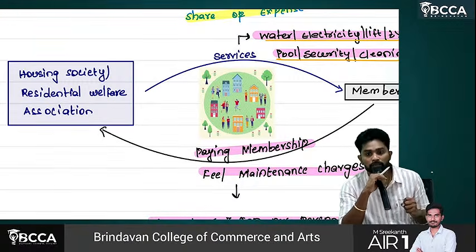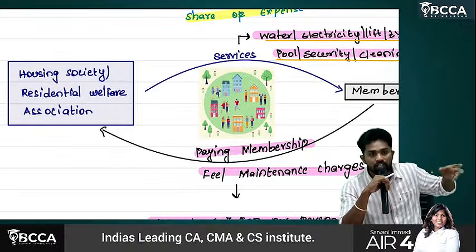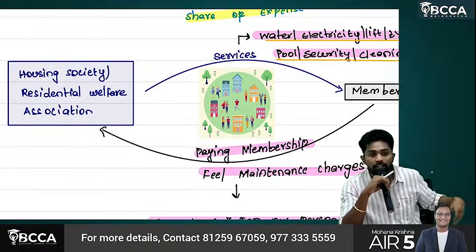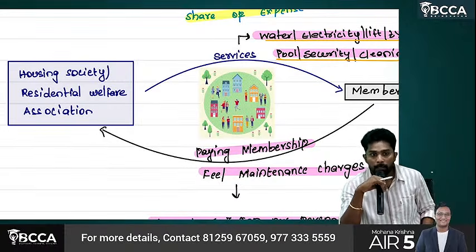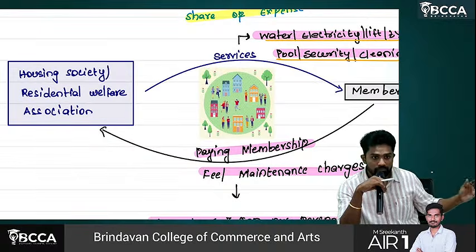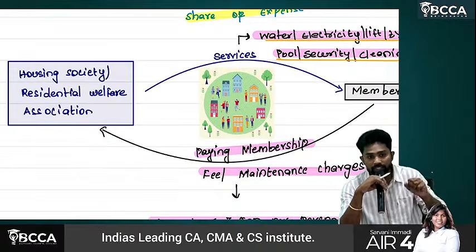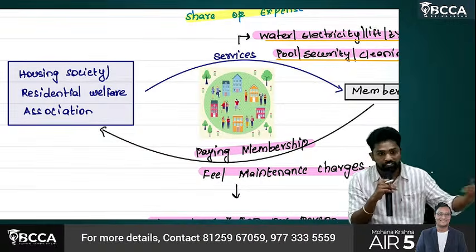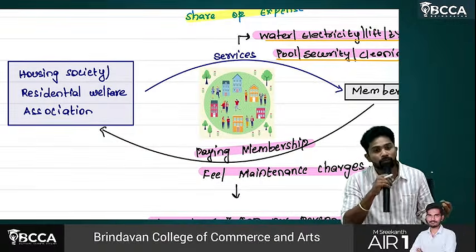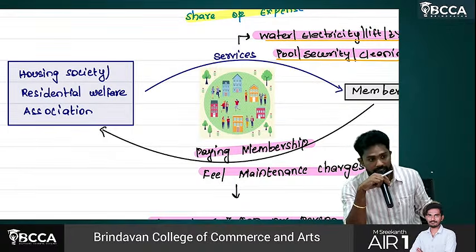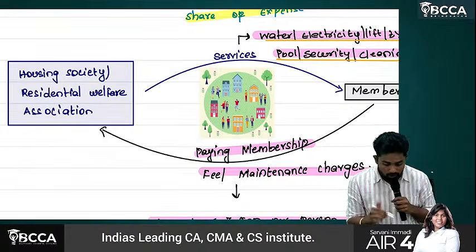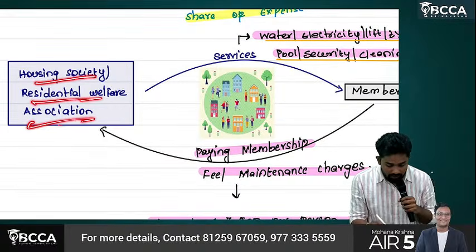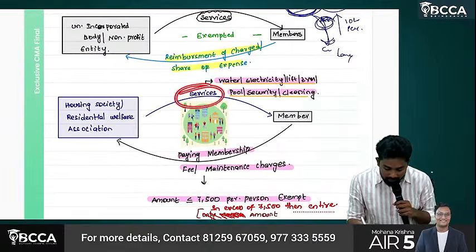If a lift is there, the lift maintenance, common area cleaning, security. If a pool is there, the pool maintenance, temple maintenance, gyms also, depending on the size of the community. So all these will be taken care of by whom, sir? Associations. Understanding, sir?